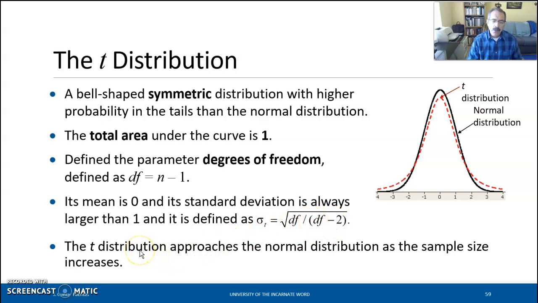And only when the sample size is very large, then the t distribution becomes the normal distribution. So the key characteristics of the t distribution that we're going to rely on is that it's symmetric about the mean of 0, and that the area under the curve is 1, and that it is defined by the degrees of freedom, or the sample size minus 1.